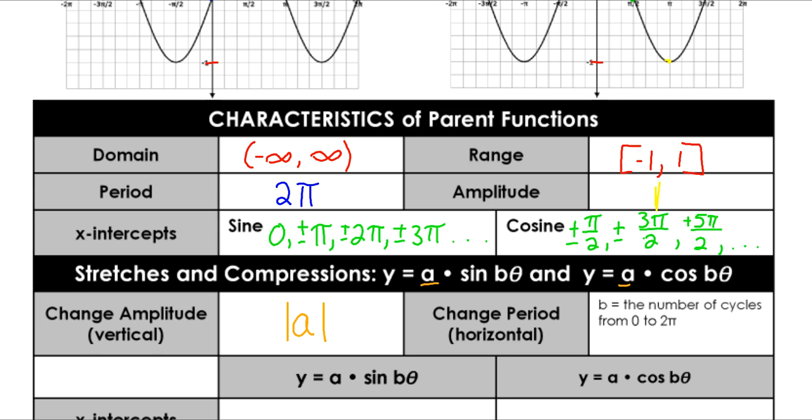If the period changes, so if it gets stretched or compressed outward in the x direction, that happens because of b. So the b value is a number that's multiplying by the theta from the standard spot. So b is the number of cycles that happen between 0 and 2 pi.